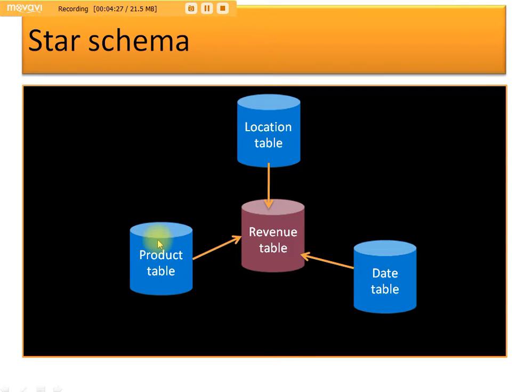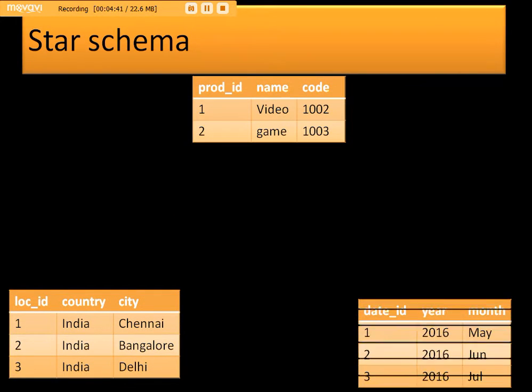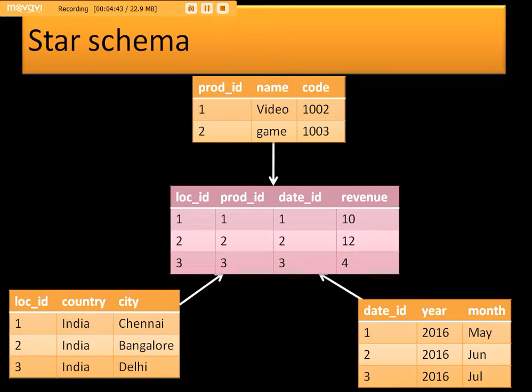The primary key of each dimension table is referenced in the fact table as a foreign key. It looks like a star, so we call it a star schema.